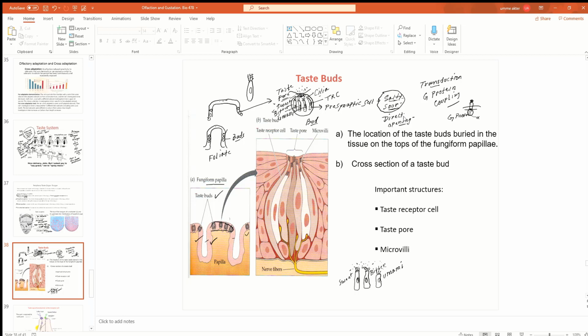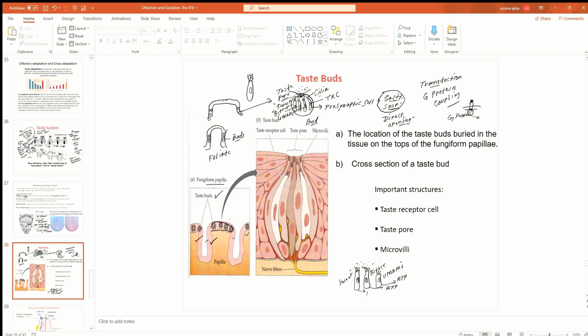So as I mentioned, these cells are activated by the second messenger, G protein mediated transduction occurs, and they release ATP. So they release what? ATP, all of them. Okay, release ATP. And these ATP are different than the ATP we get the energy from.